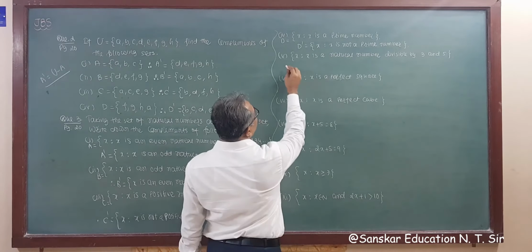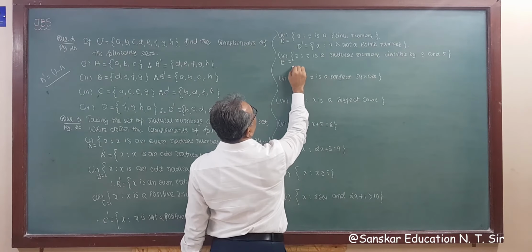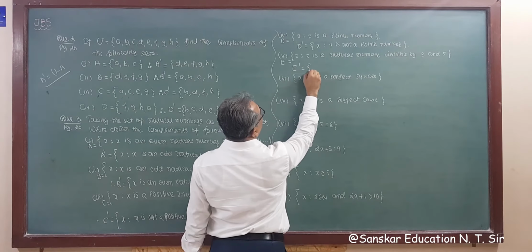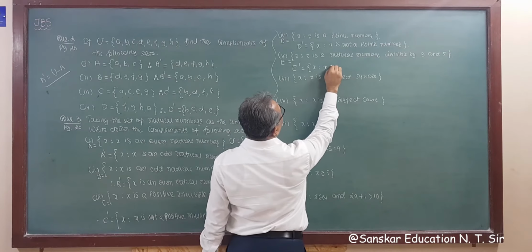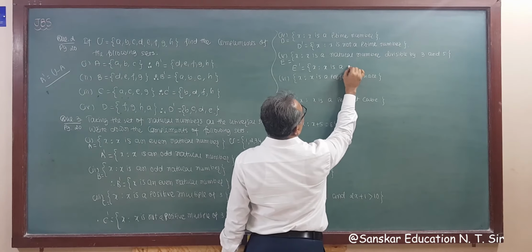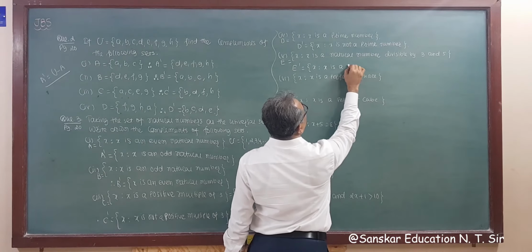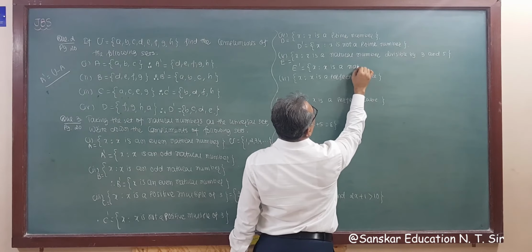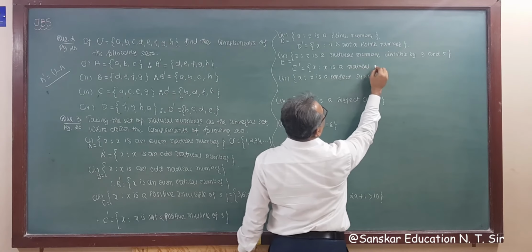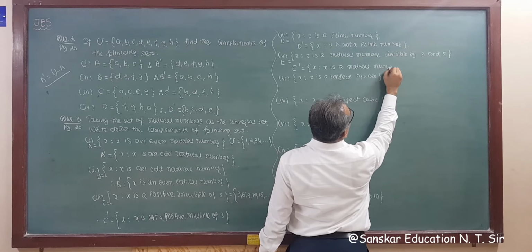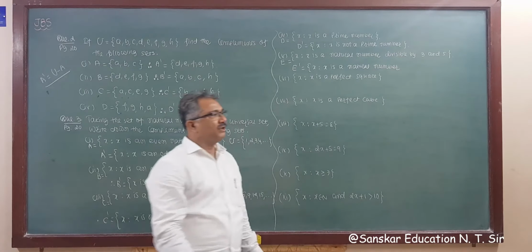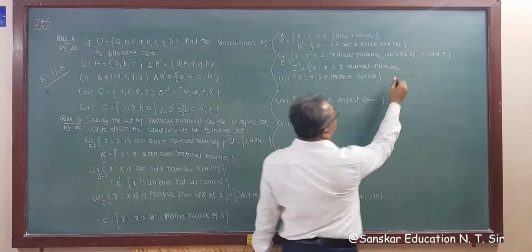So suppose this set is E, then E dash is equal to x, where x is a natural number which is not divisible by 15.